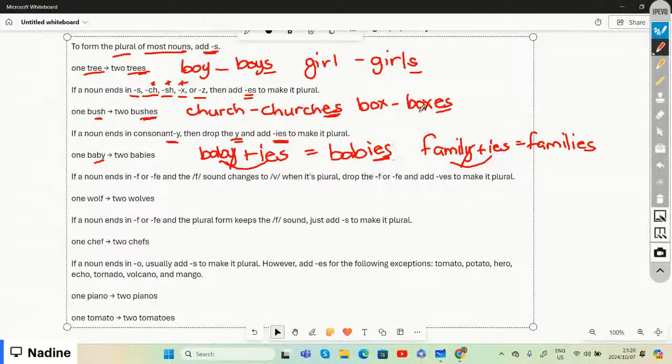If you look at an example like marry, right? Marry is M-A-R-R-Y. If we want to show more than one, right? I marry him, he marries him, then we can also drop the Y. We can add IES, and that is marries.